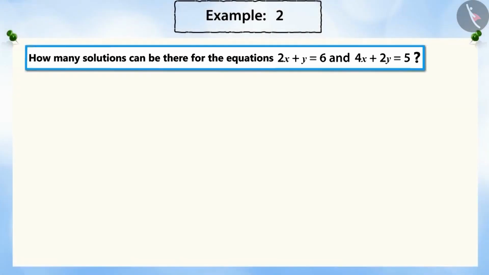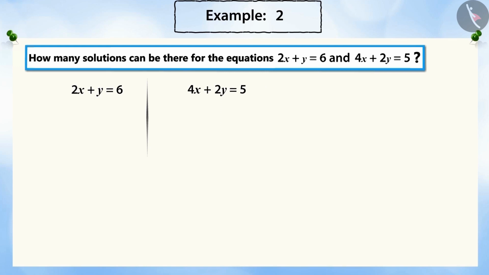How many solutions can there be for the given pair of linear equations: 2x plus y equals 6 and 4x plus 2y equals 5? How will we find it? Can you find any relation between the coefficients and the constant terms of the given equations?